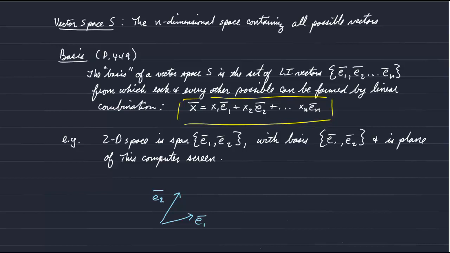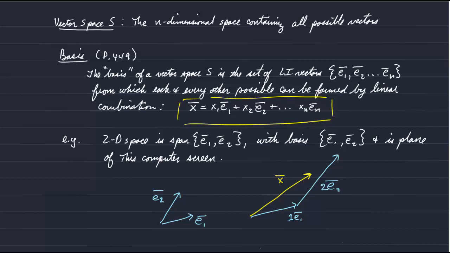And so we can illustrate that vector x, for example, can be formed by say E1 times 1 plus, well, let's see, E2 times 2.